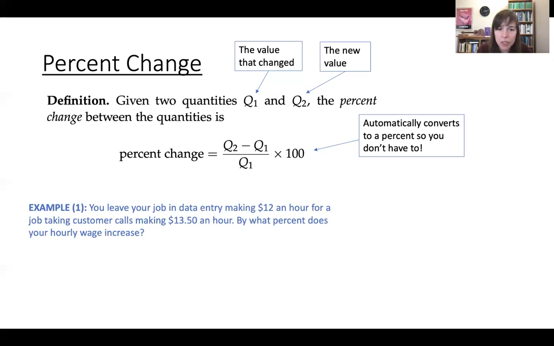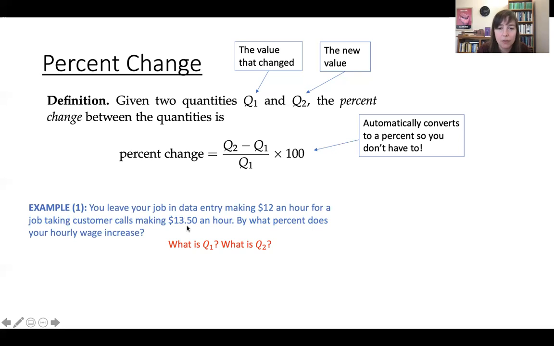Okay, the first thing you should do is figure out what's your Q1 and what is your Q2. Well, the thing that is changing, your original value, is this $12 an hour. That's your original wage. So this should be your Q1, and your Q2 is $13.50. This is your new wage.